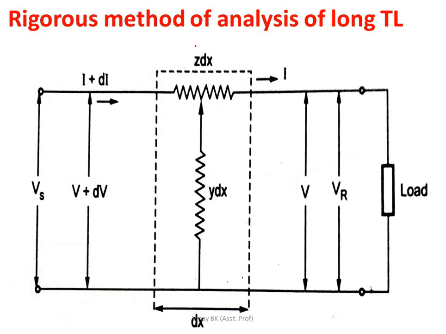z into dx is the series impedance, where it has R plus jXL. Similarly, y into dx is the shunt admittance. So we can write the small change in voltage dV as I into z into dx.